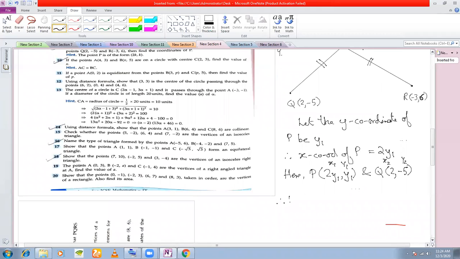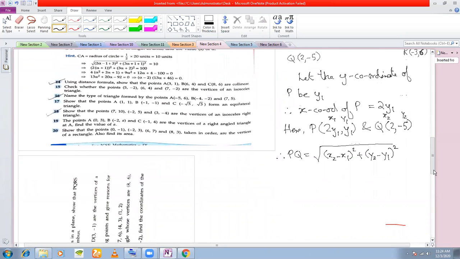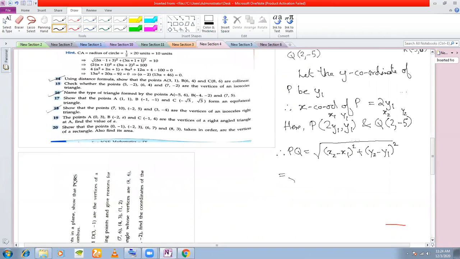So what is the distance PQ? Root over of x2 minus x1 whole square plus y2 minus y1 whole square, which is equal to root over of, put the values, x2 here is 2 and x1 here is 2y1. So (2 − 2y1) whole square.